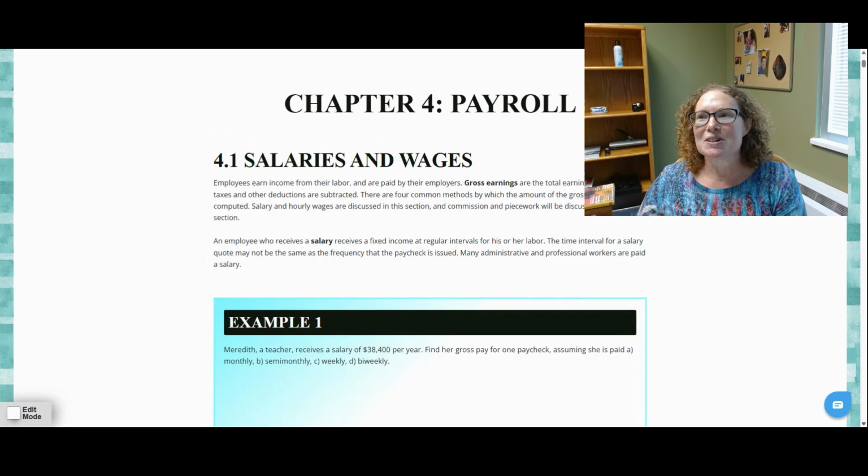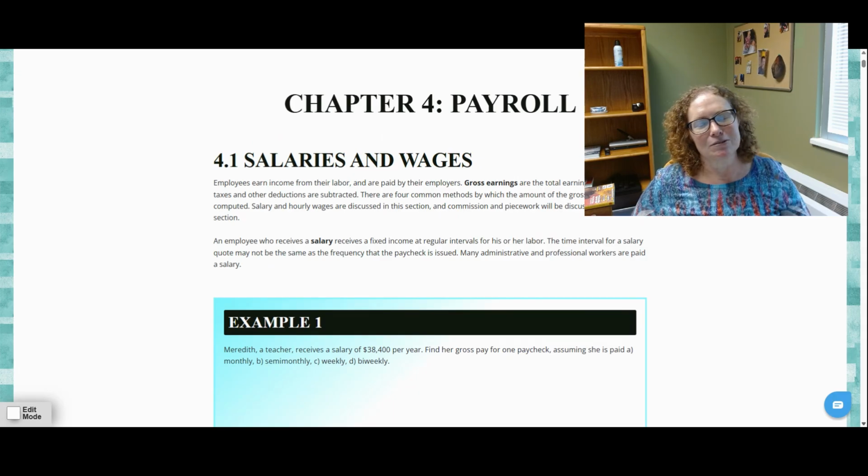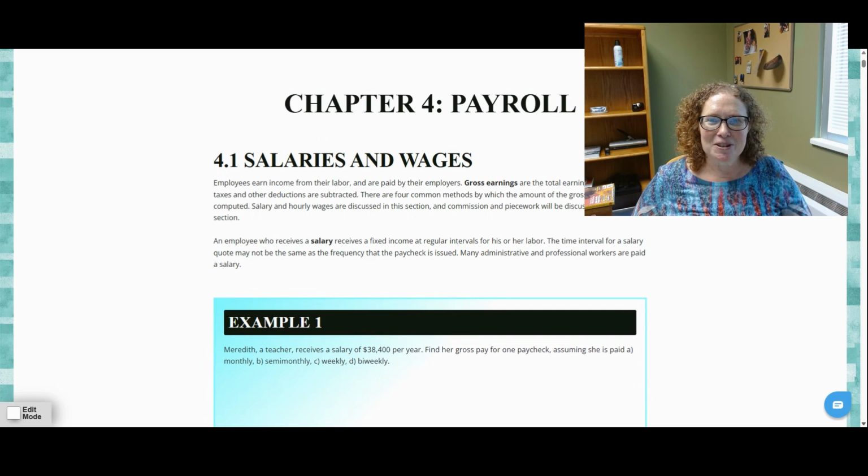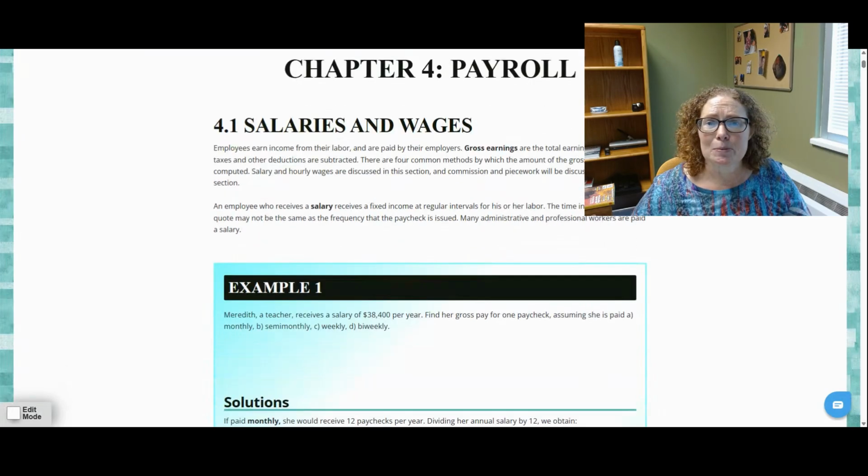Those are little things with the taxes. I don't know all the tax laws. I don't pretend to be an accountant because I'm not, but I can tell you a little bit about the overview, and from a payroll standpoint as well. So again, anytime you need some help, please let me know. But we're going to go through the chapter like we usually do, and give you some examples.